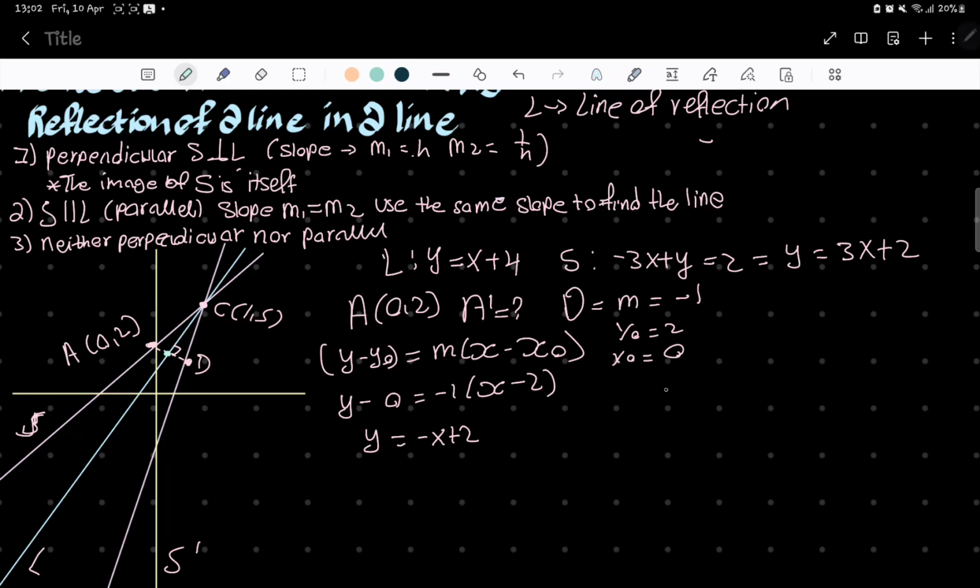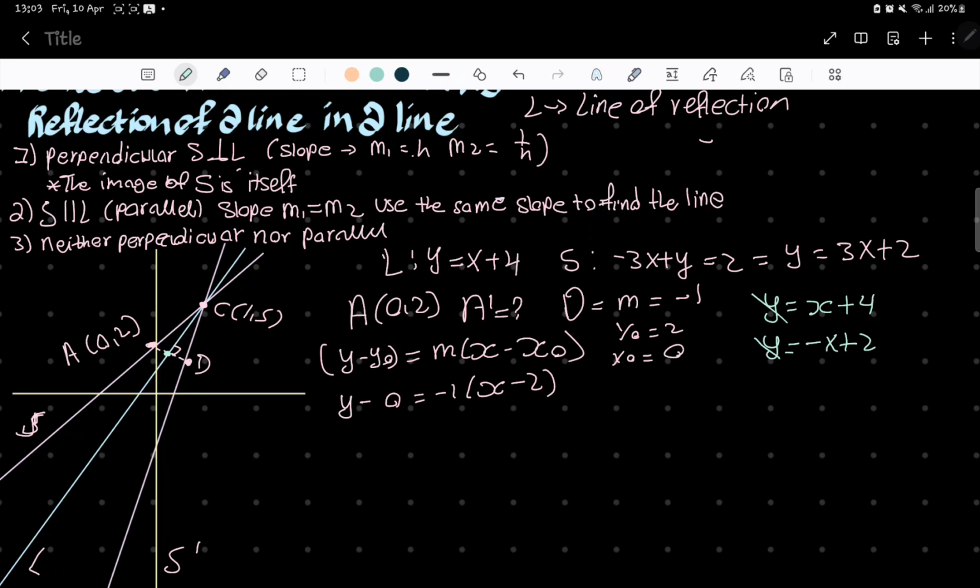The line of reflection is y equals x plus 4, and our new line is y equals minus x plus 2. The next thing we need to do is solve for x. I'm sorry, a big mistake.